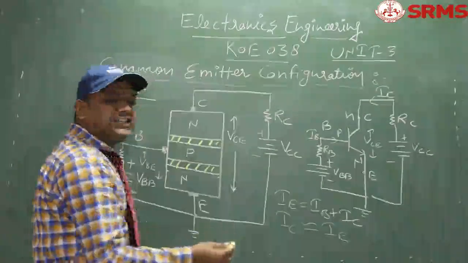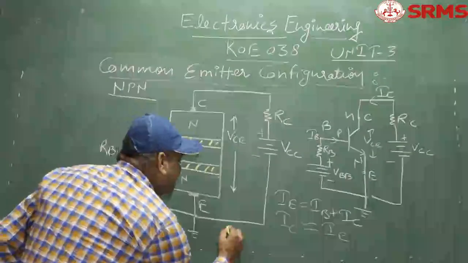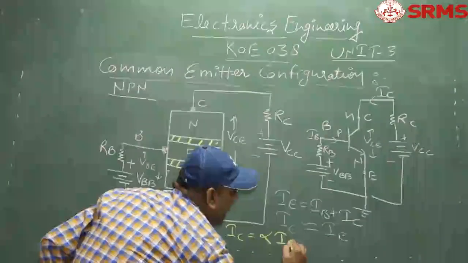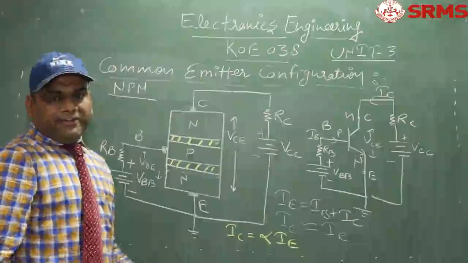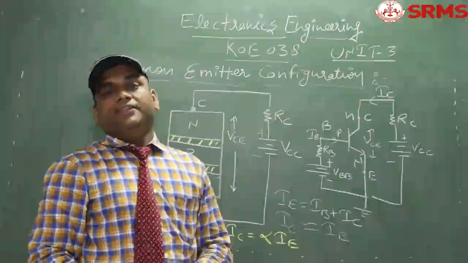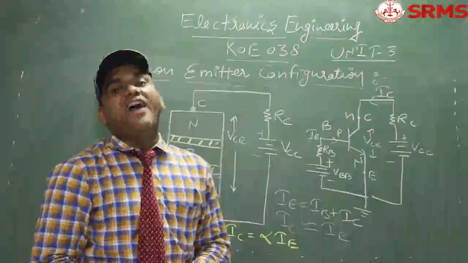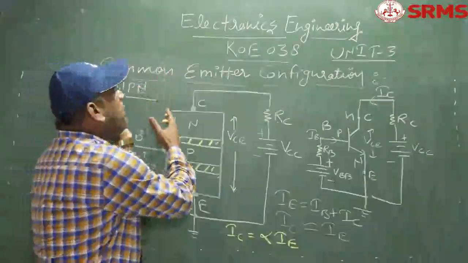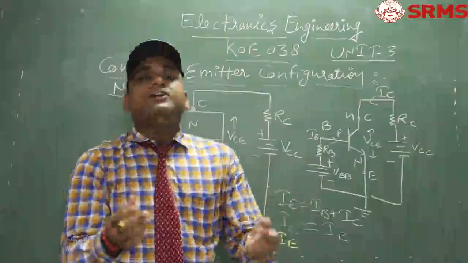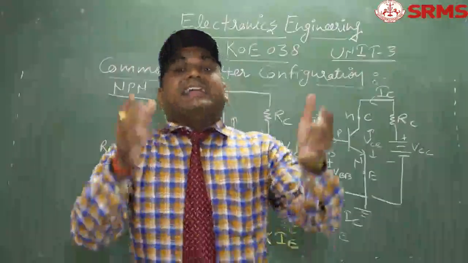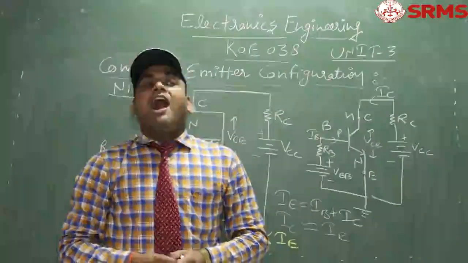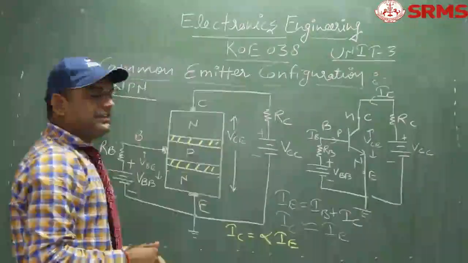If IC is not equal to IE, it is well known to all of us, IC is equal to alpha times IE, where alpha is the current gain, or you can say current amplification factor for the common base configuration. But here, for the common emitter configuration, if you want to determine the current relationship between the input current and the output current, we will discuss the details.